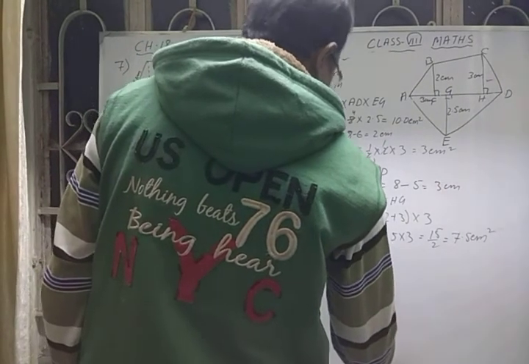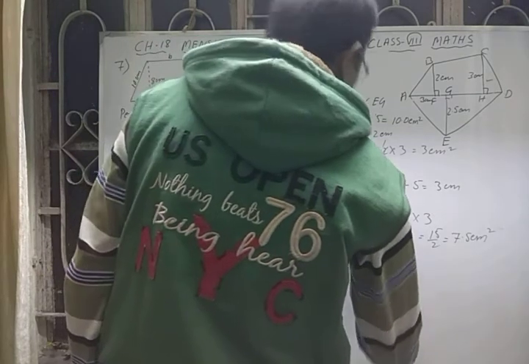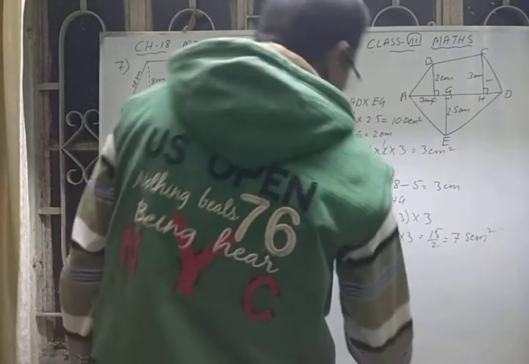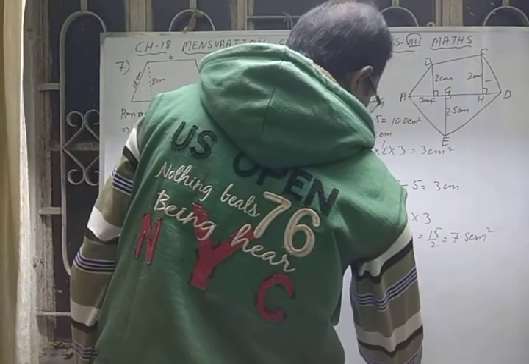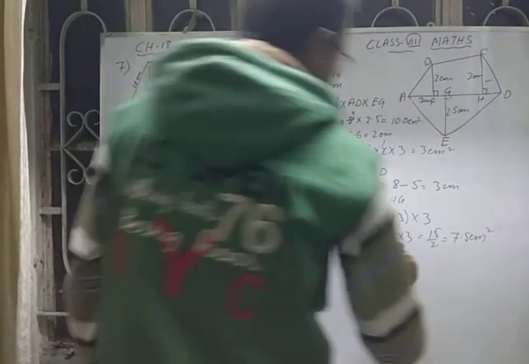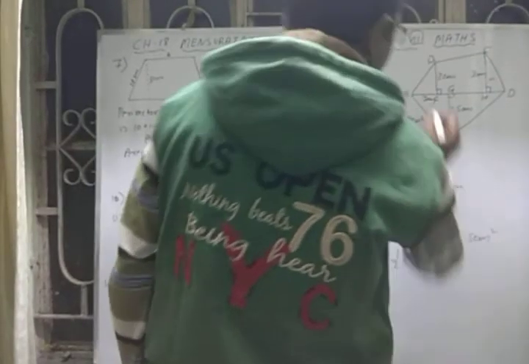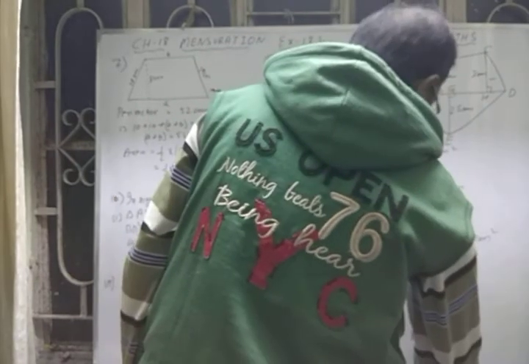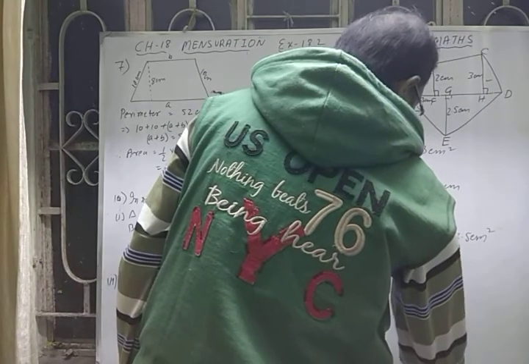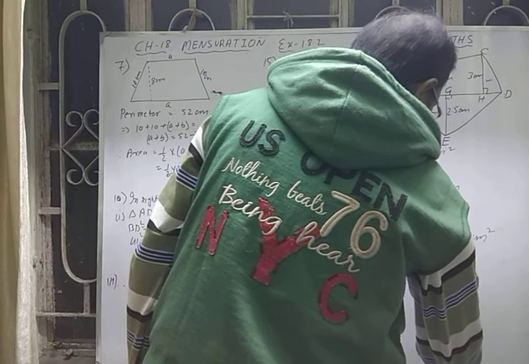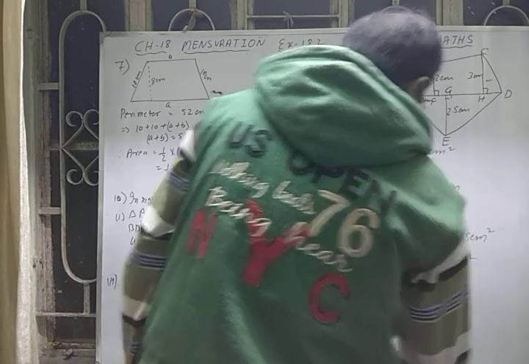Now area of triangle BFA, that is equal to half into base is 3 and height is 2, so 3 into 2, so 2 ones are 2, that is equal to 3 centimeter square.